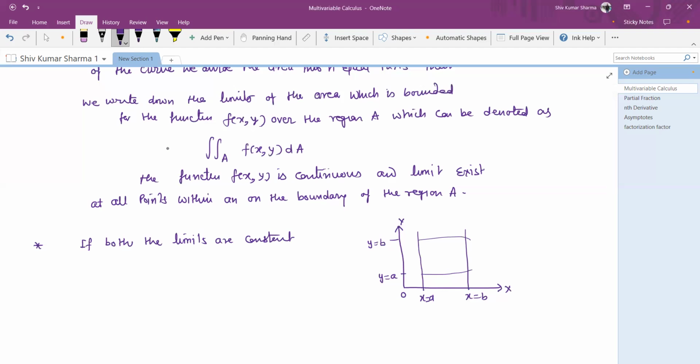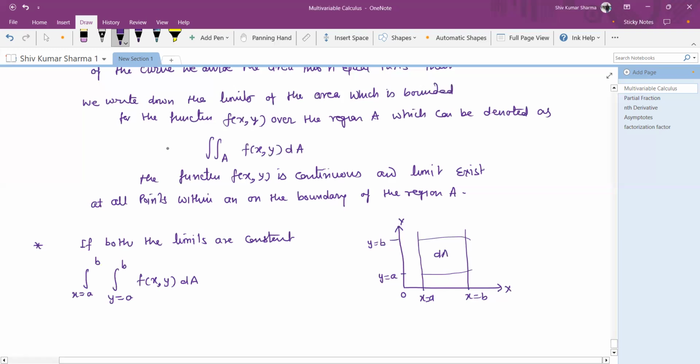When both the limits are constants, we write this form: integral x equal to a to x equal to b, and y equal to a to y equal to b, of f(x,y) dA. For dA, we take a small strip.